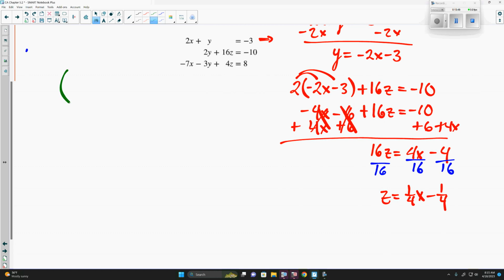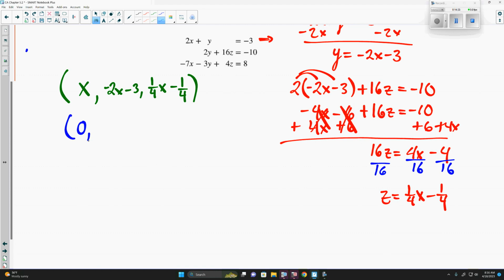But the thing with this is we got everything in terms of x. Now y was our -2x minus 3, and our z is 1/4 x minus 1/4. So really what this tells us is if you give me an x value at this point with these equations, I can give you what the solution is. So I could say 0 for x.